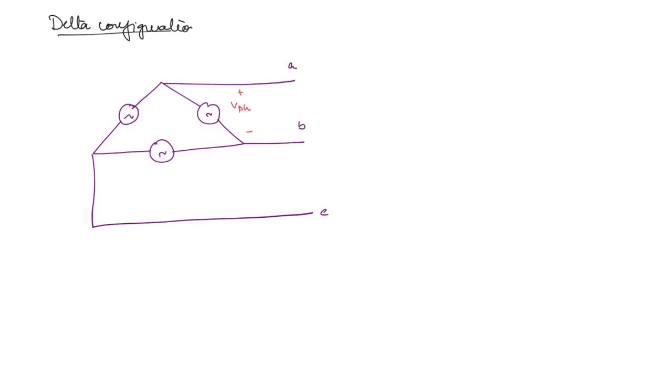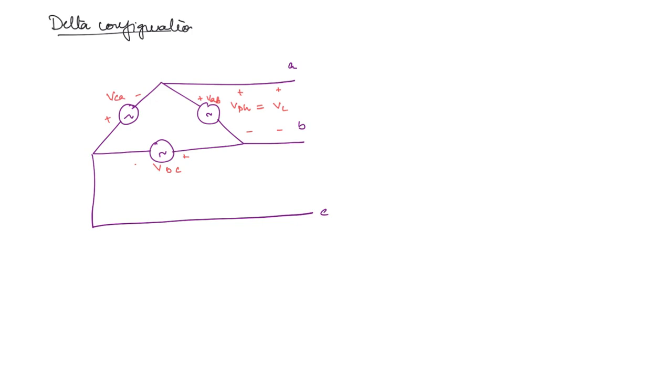Now you can also see that the line voltage is also the voltage between the lines, right? So that means in a delta configuration, V phase is equal to V line. Okay. So this positive terminal we write here as VAB, and this is going to be VBC, and this is going to be VCA. Okay.